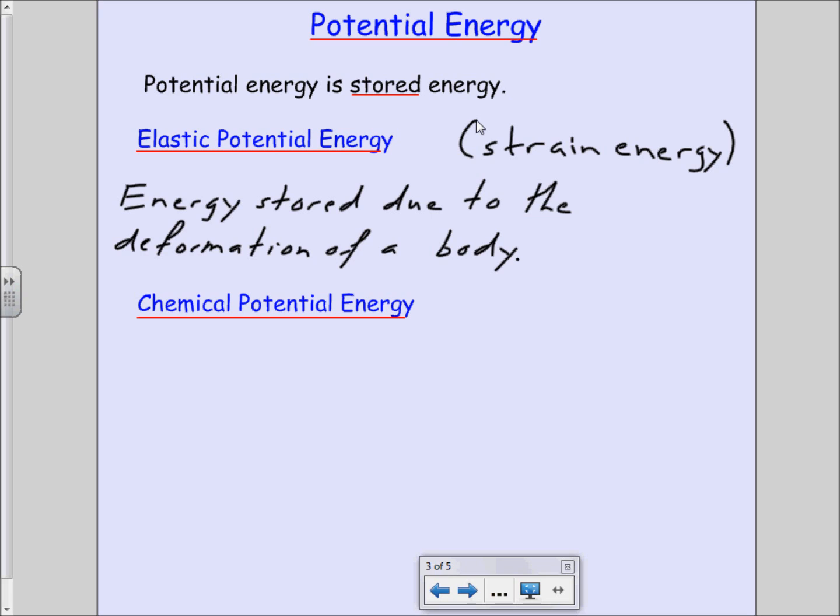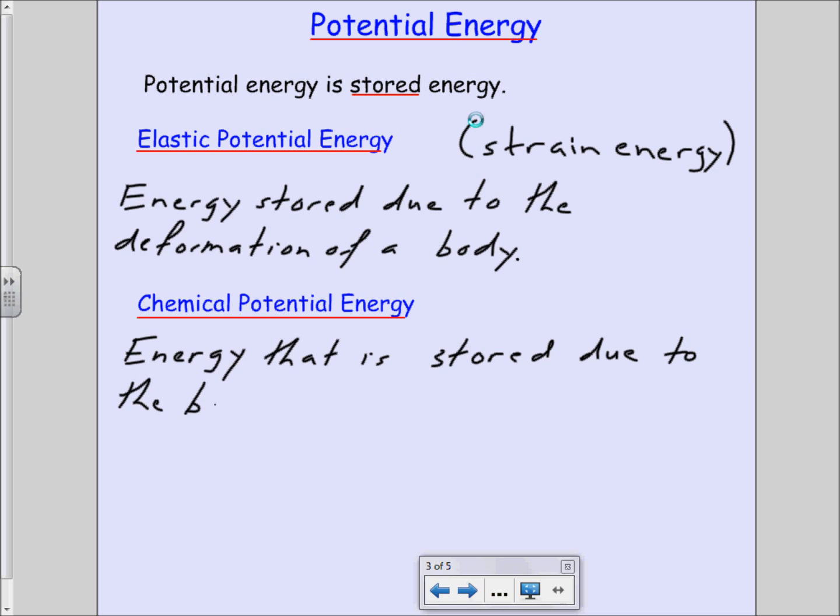So chemical potential energy is really energy that is stored due to the bonding of atoms and molecules, let's say.